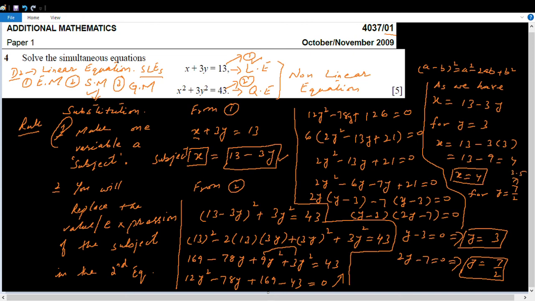So you write x = 13 − 3 × 3.5, which is equal to 5/2, that is 2.5. So x is equal to 2.5, the answer. So these are the values of x.